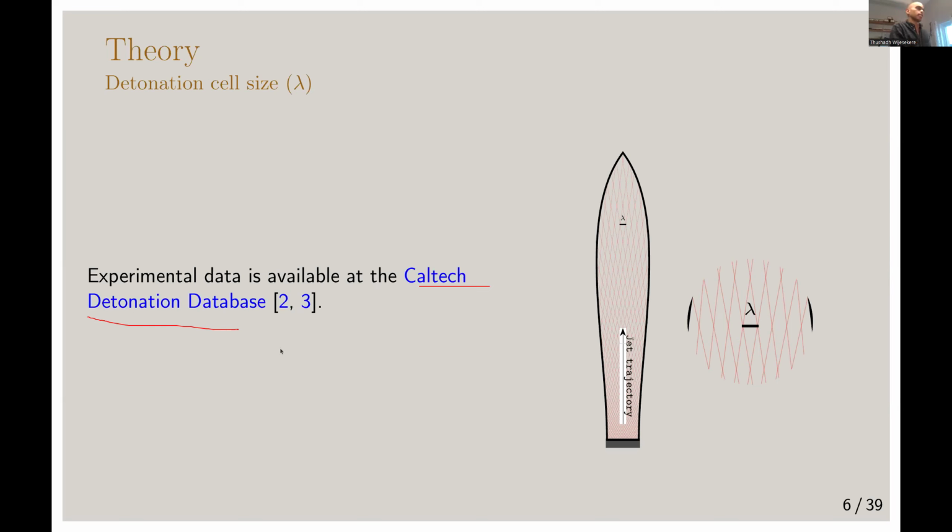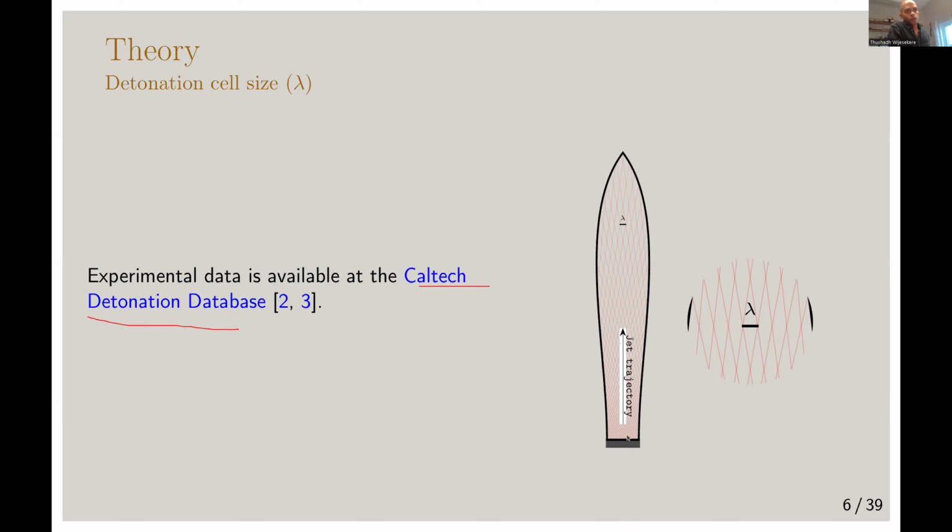Yeah, and the experimental data is available at the Caltech detonation database, and I have cited the necessary work here in the presentation. And the concept of detonation cell size is shown on this figure to your right. So you have the jet here, and depending on the concentration of the hydrogen, you will have a different detonation cell size, and usually it grows larger when the concentration decays.